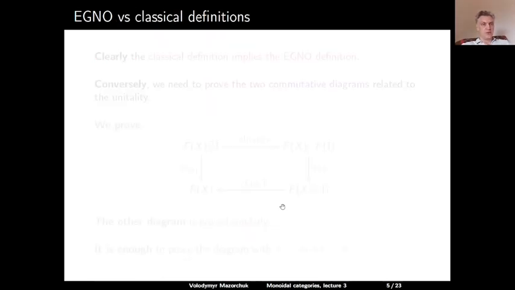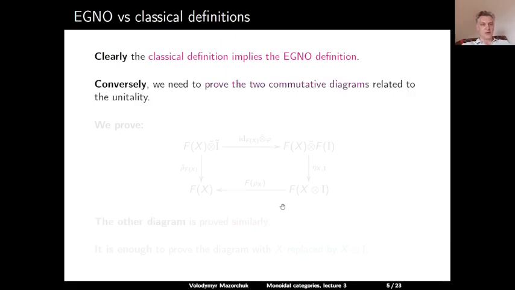So if we want to compare the classical definition of a monoidal functor and EGNO's definition, then it's obvious that the classical definition implies the EGNO definition. Conversely, we need to prove that the two commutative diagrams related to the unitality hold if we assume EGNO definition.